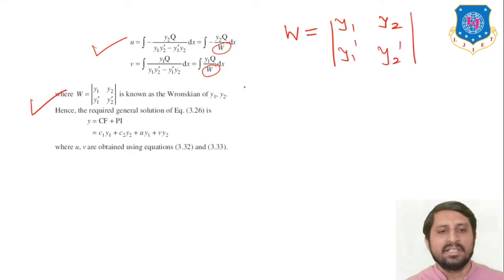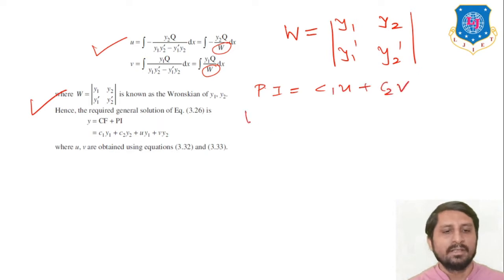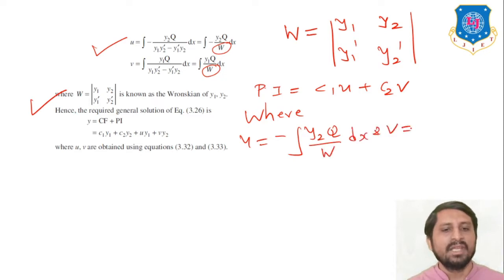The particular integral is equal to c1u plus c2v, where u is minus integration y2 q upon w dx, and v is integration y1 q upon w dx.